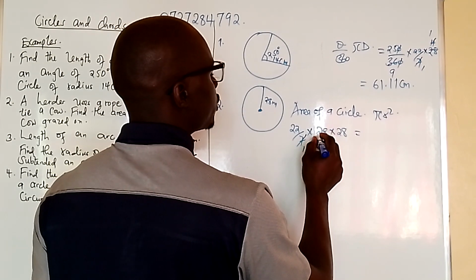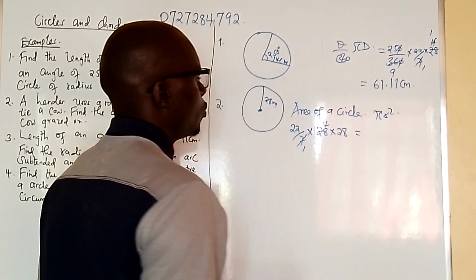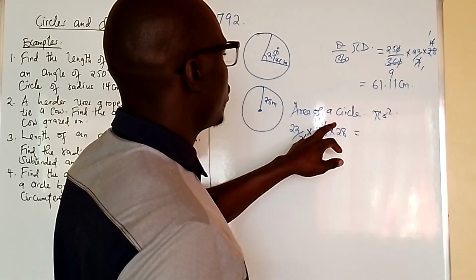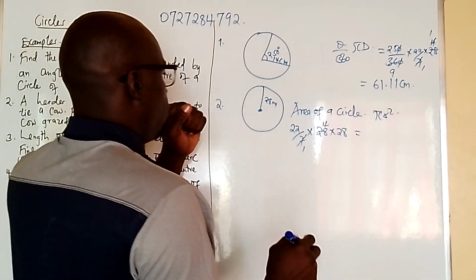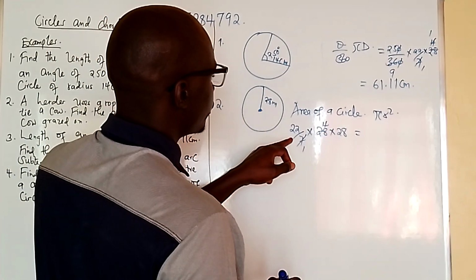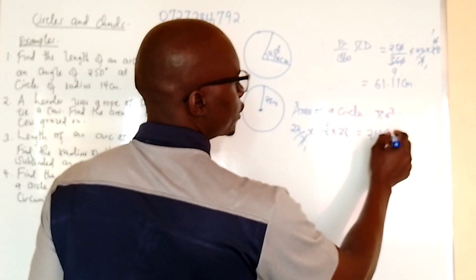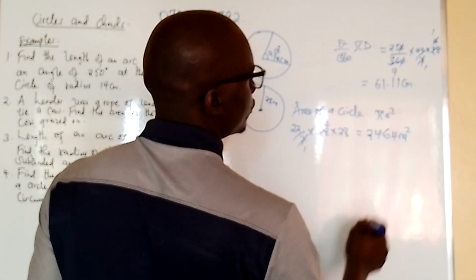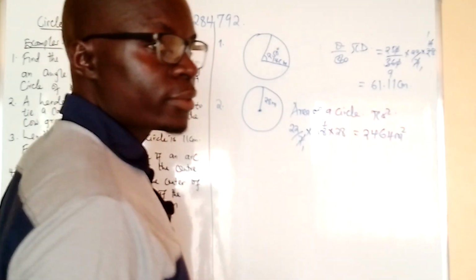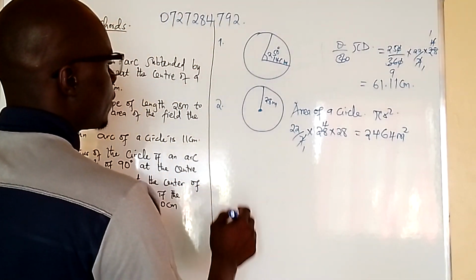Goes here once, goes here 4 times. What is 22 times 4 times 28? What is 20? 64. 24? 64 squared meters, okay? Is that right? Yes. 64 meters squared.